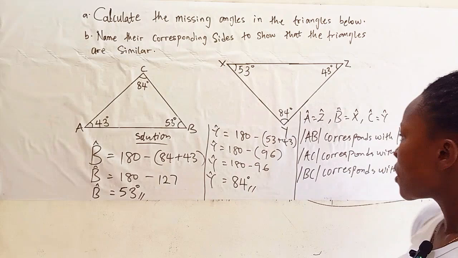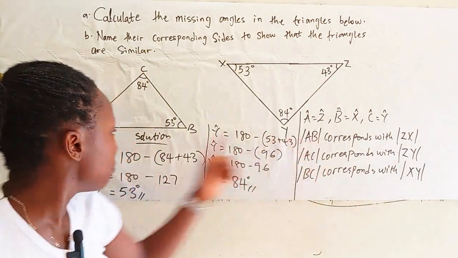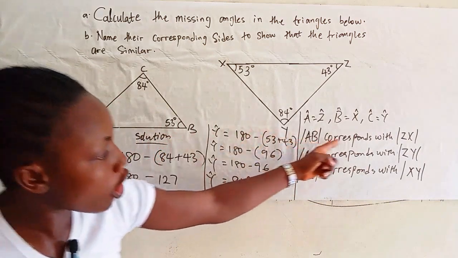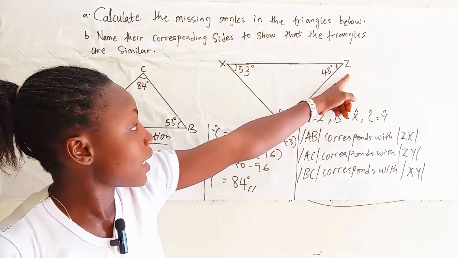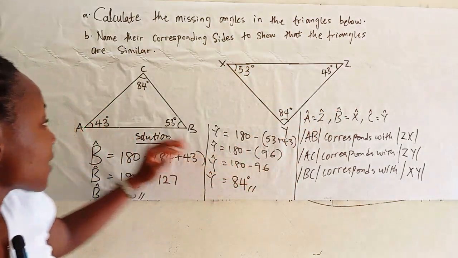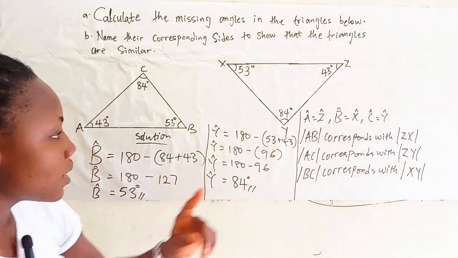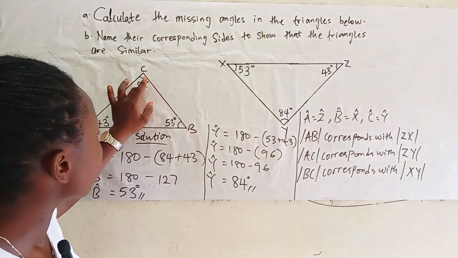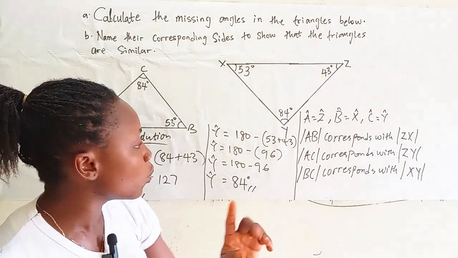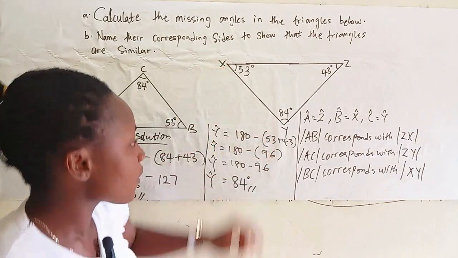Now what we have here is side AB corresponding with side ZX, while side AC is corresponding with side ZY, and side BC is corresponding with side XY.